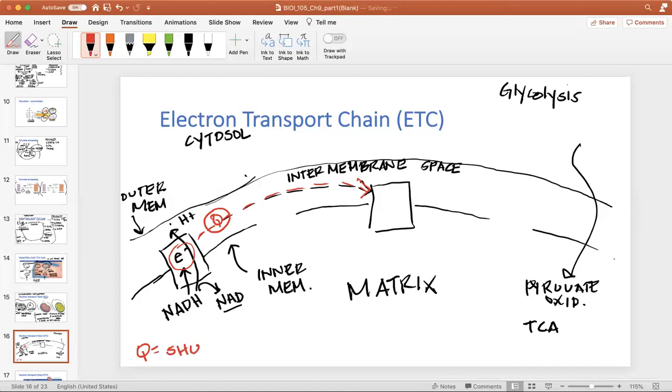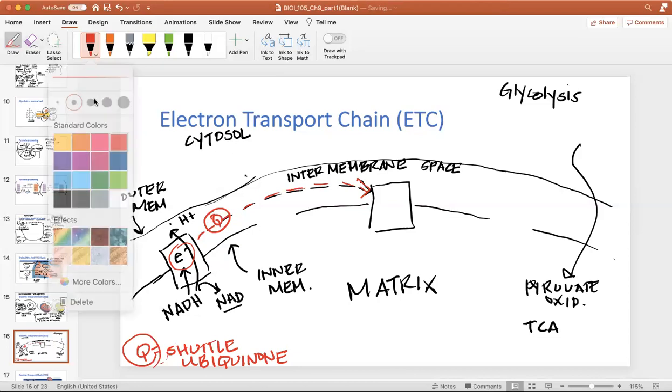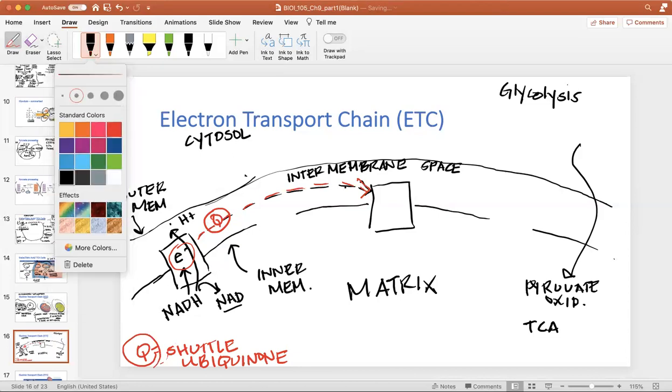So it's a shuttle, and it moves electrons around for us. Q is an abbreviation. The real name for Q is ubiquinone. Okay. So Q, or ubiquinone, picks up this electron and is going to transport it over to another protein in the membrane.